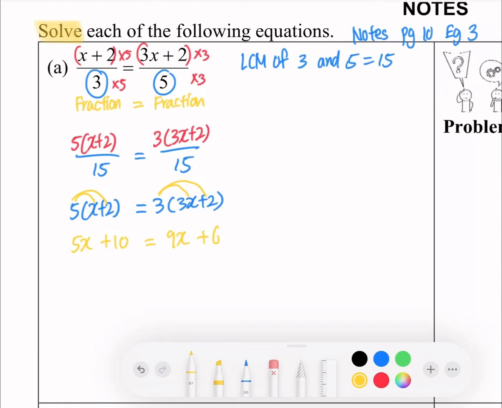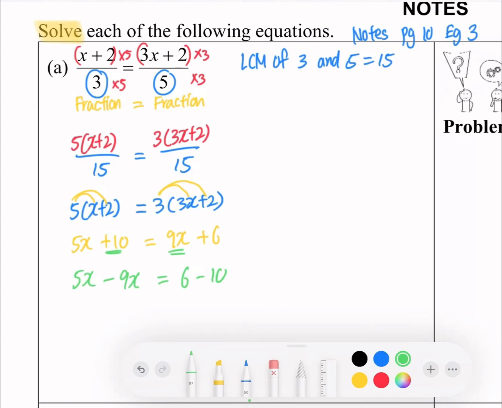Once you have expanded this, the next step is to group your like terms together. Meaning you group all your x on the left hand side and your constant numbers on the right hand side. So 5x, when you shift this over, minus 9x, equals 6 minus 10. And you just have to simplify on both sides.